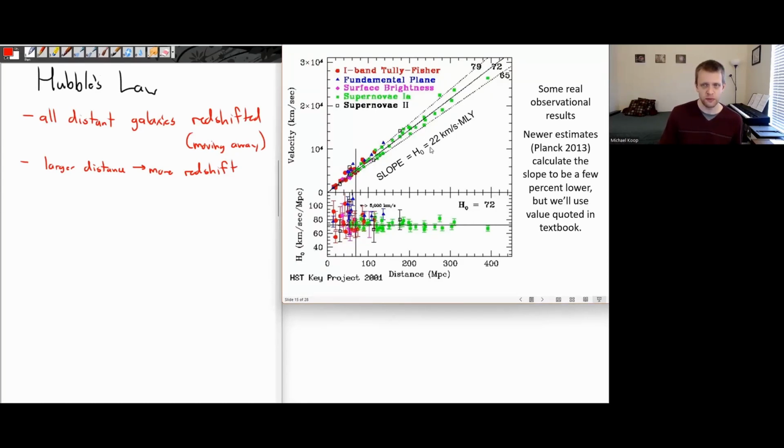So the actual value is probably slightly smaller than this, but again, for the purposes of our course, we can use this number to a reasonable level of accuracy. As always, all of this data is subject to revision and increased precision. In any kind of measurements, there's always a certain amount of uncertainty in those measurements, so we are continually trying to improve how we make these different kinds of measurements.